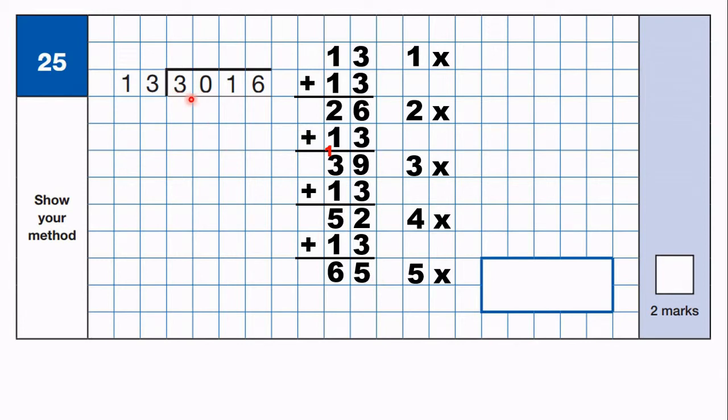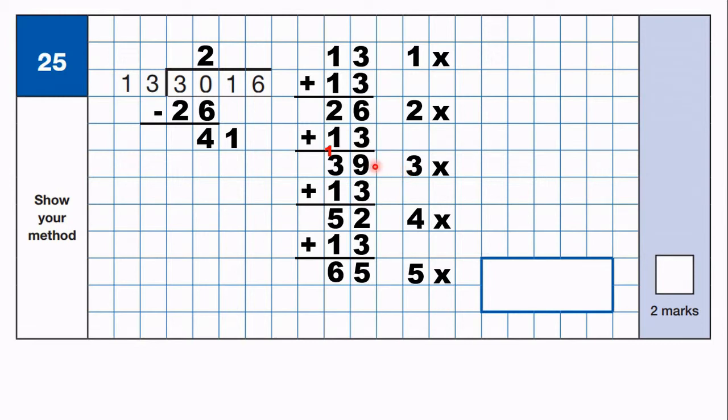So now, if we take the first two digits together, we have 30 divided by 13. We can see that 2 times 13 is 26, and 3 times 13 is 39, but that's too many. So we need 26 under the 30, and because that's 2 times, we need 2 in our answer line. Now we subtract, and 30 minus 26 is 4. And if we bring down the 1, we have 41 divided by 13.